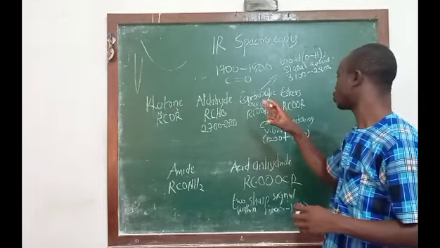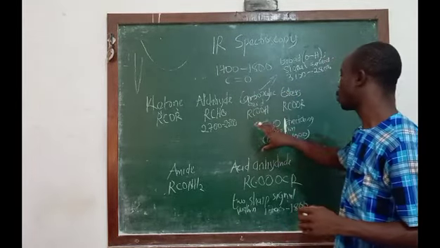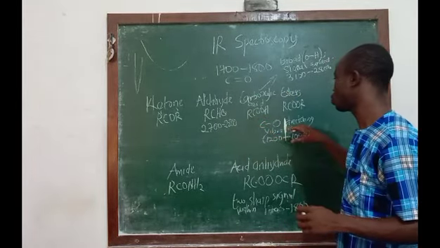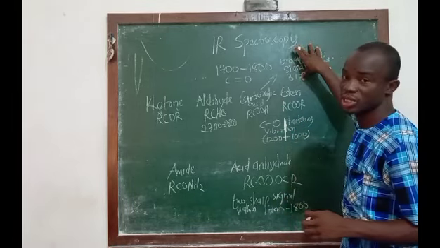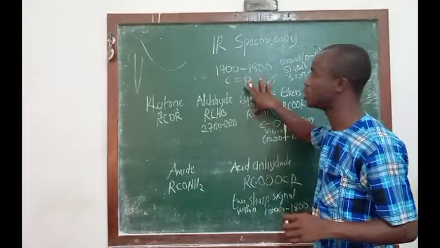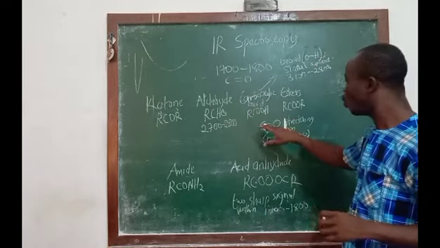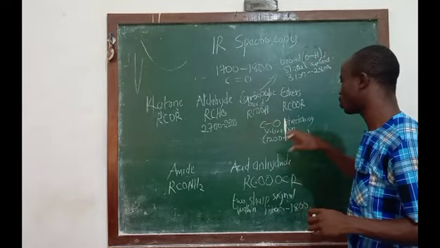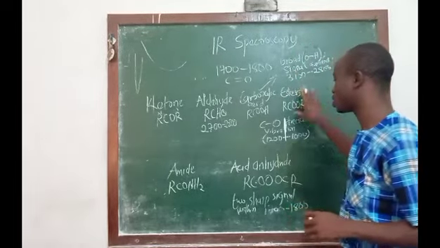So if I have a signal within this region, and I could also see a signal between 1200 and 1000, together with this broad signal around 3000, that means I'm having a carboxylic acid. At the same time, if I could see a carbonyl functional group with only the C single bond O stretching vibration around this region, without the broad OH signal, that implies I'm having an ester.